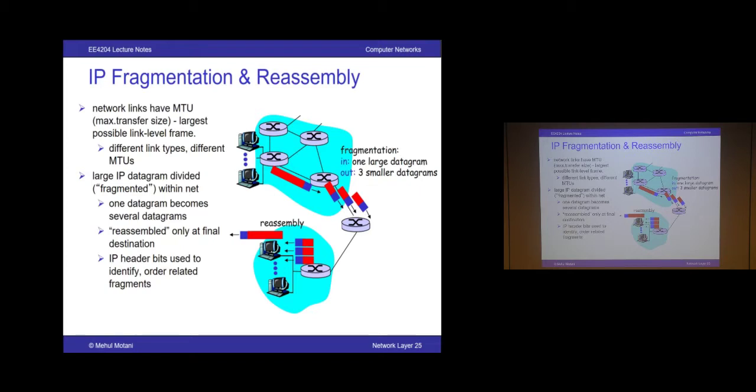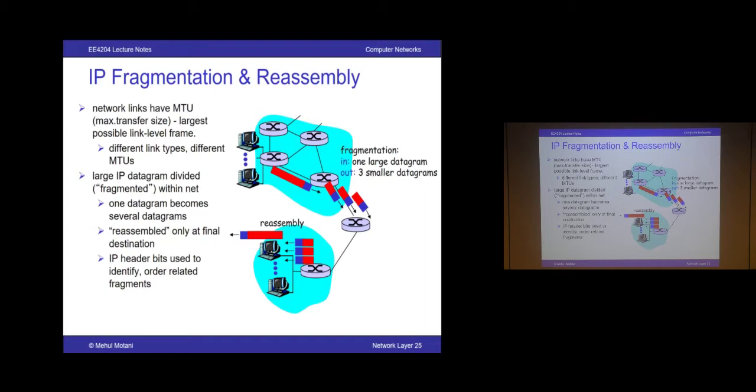The internet is huge. It's a whole bunch of networks stitched together. We'll see later that these sub-networks are called autonomous systems. They're owned by different organizations who can set policy. And one of the policy things you can set is the maximum transmission unit.